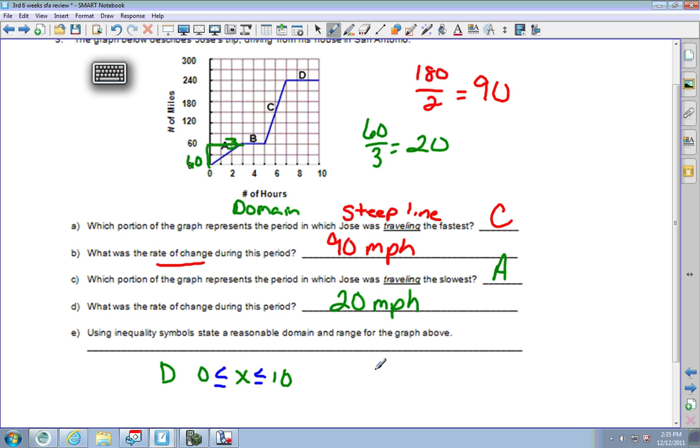Now my range is my y. It starts at 0, and does it go all the way up to 300? The graph does, but not my data. My data only goes up to 240, so I have from 0 to 240. You're going to take your symbols and point them. There is your domain and range.